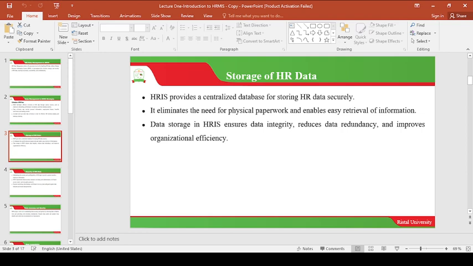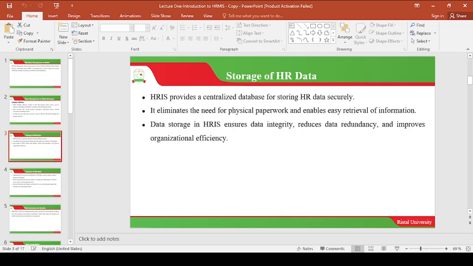So it's very easy for you to retrieve information when you're using the human resource information system compared to paperwork. Because in the system you just have to type the employee's name or even the ID number.